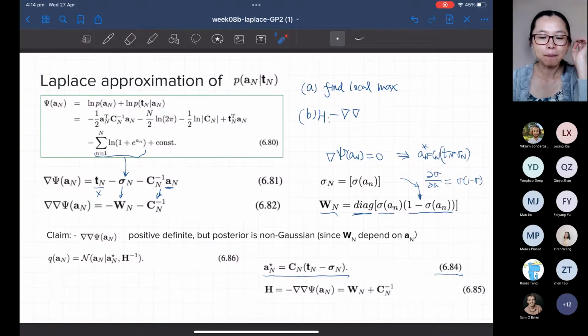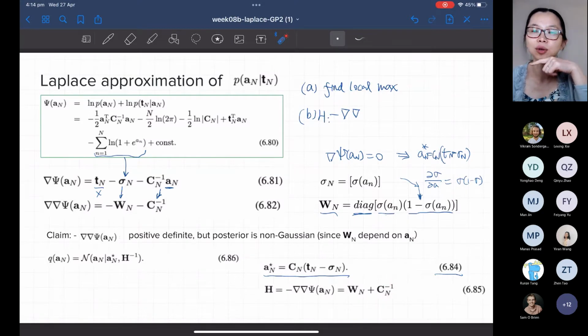But this posterior distribution of A is non-Gaussian. So the Laplace approximation we get, written as Q of An, is a normal distribution centered around this A star that we just got, with this posterior covariance matrix or precision matrix, which is, taking the negative for both, Wn plus the inverse of C. So we already know that the Cn's, because they are covariance matrices of Gaussian processes, are positive semi-definite.